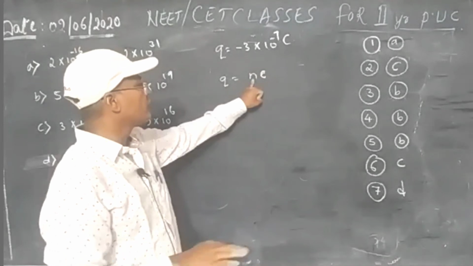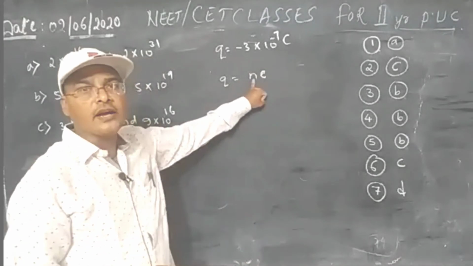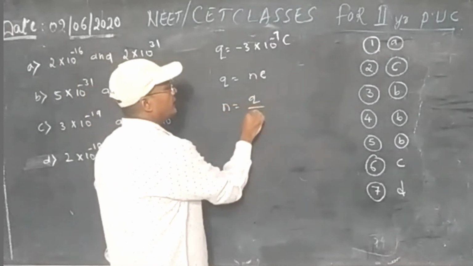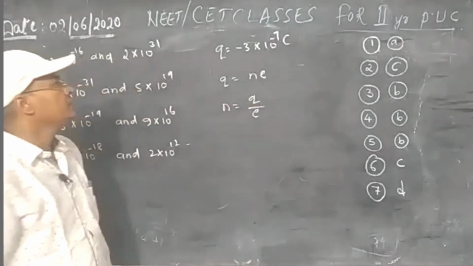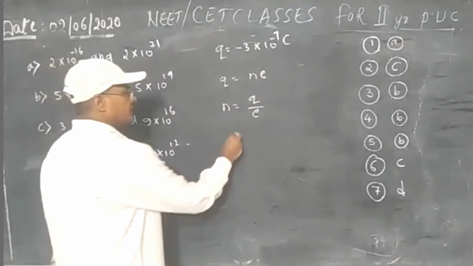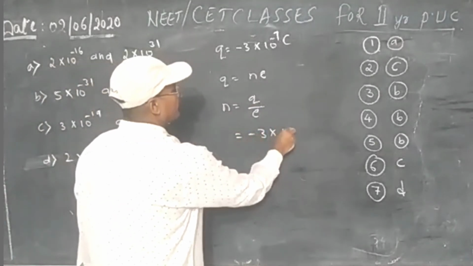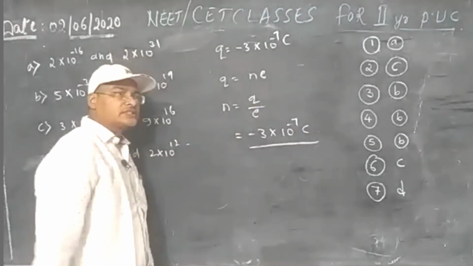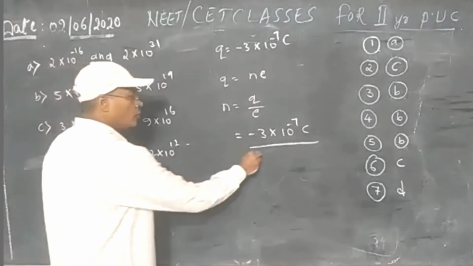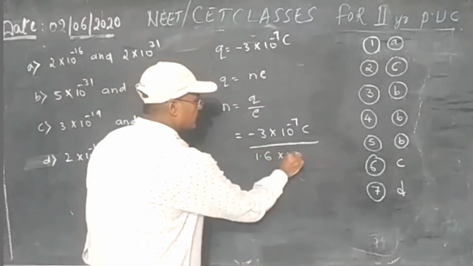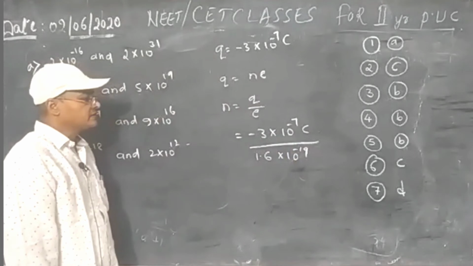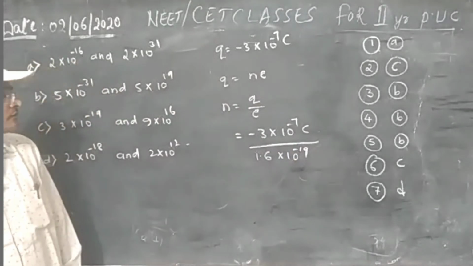First we can calculate the number. So N equal to Q divided by E. The Q value is given as -3 into 10 to the power of -7 coulomb. The E value, the charge value, is 1.6 into 10 raised to -19 coulomb.